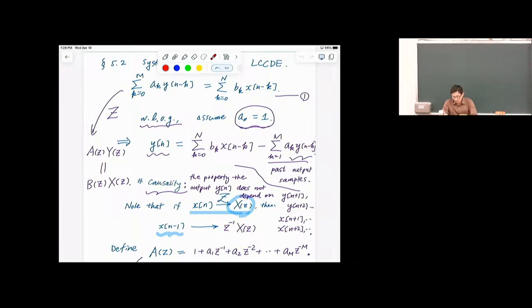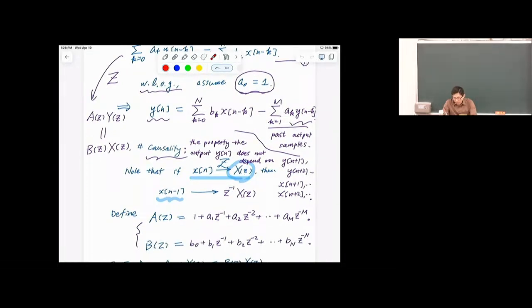Note that by rewriting the equation, 重写, in this kind of expression, 用这样的表达式, we are essentially assuming causality, cause and effect.